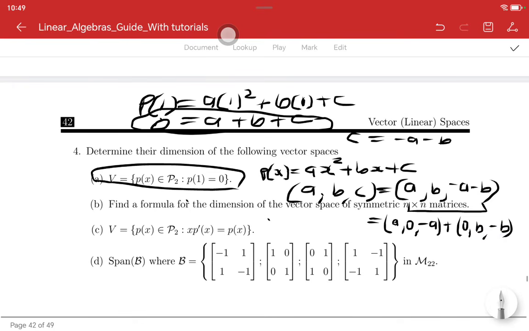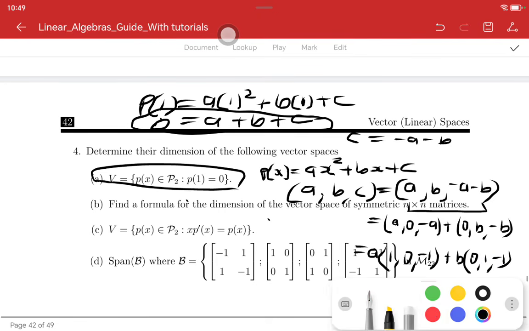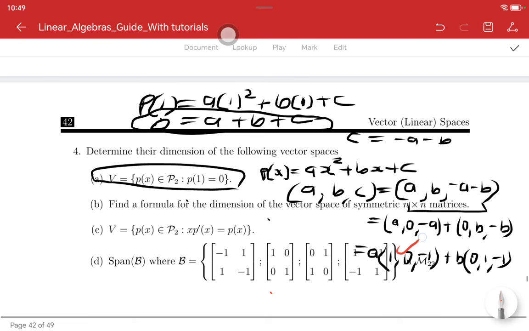Then how many vectors were we able to structure out from this? 2. So it means that the dimension will be 2. You see, right? So we can solve this in this way. We check that the dimension is equal to 2.